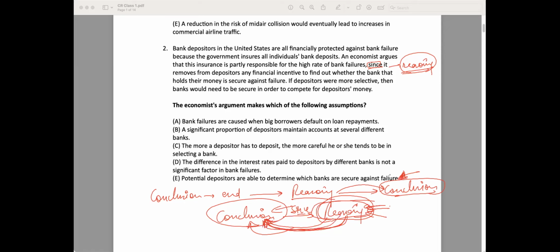But if we negate that assumption, as in if we reverse that link, then we cannot jump from this reasoning to conclusion. So negating the assumption simply means, can it create a block between reasoning and the conclusion? That's it.